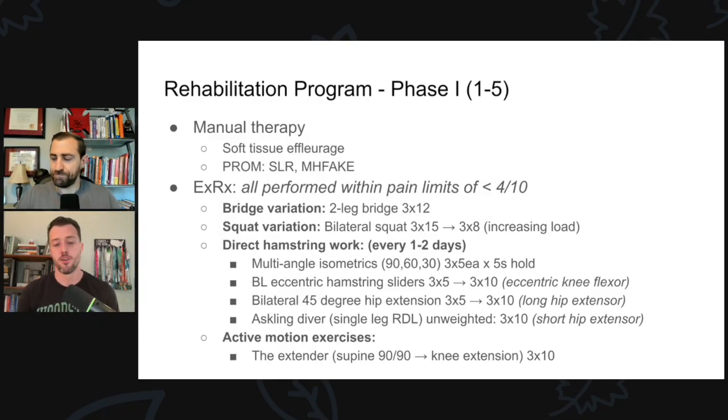I think with our rehab protocols, and these next few slides are kind of the ones I made based on the two together, I think it really depends on the location of the strain, because I think you're totally right where if it's pretty proximal, they might do better off with a Nordic early on, which I think is challenging more kind of middle and distal hamstring versus that like diver or single leg RDL. You're challenging a little bit more the origin near the ischial tuberosity. So I think the location might change the exercises. So just something to think about.